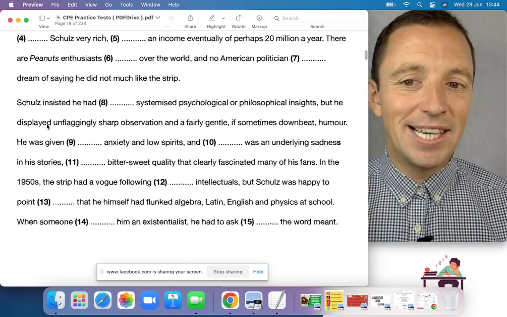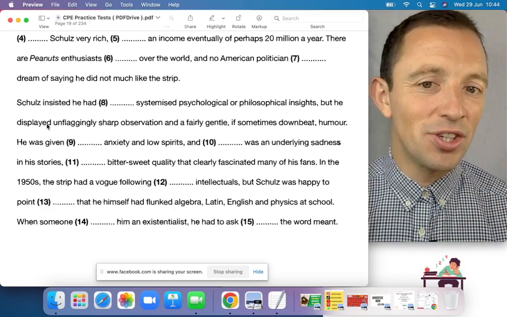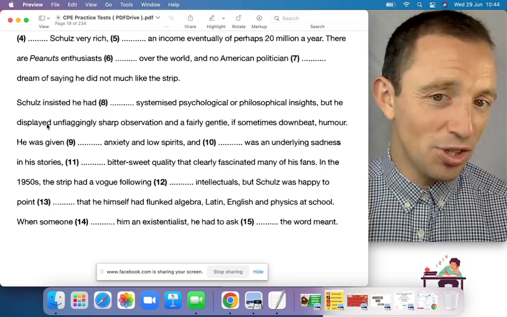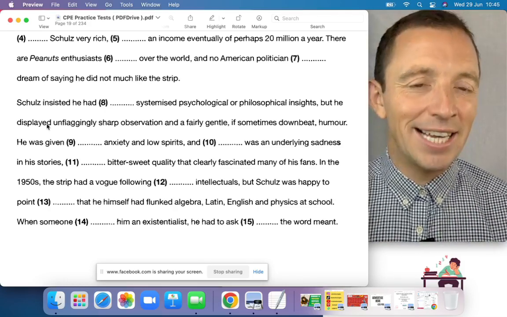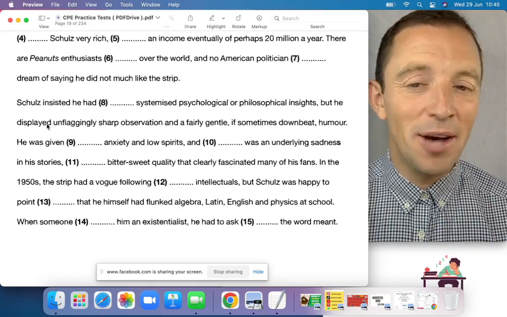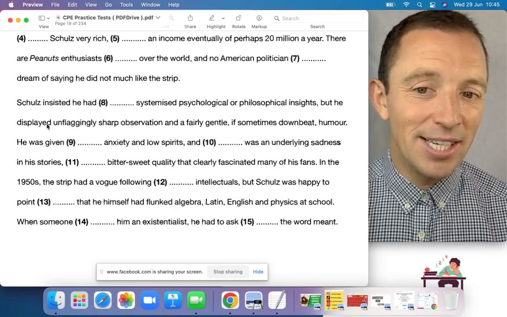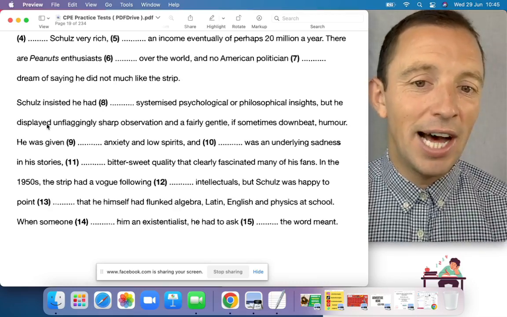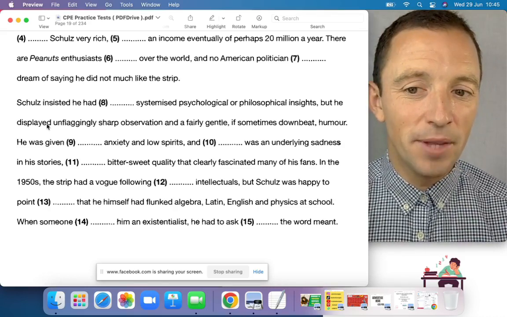Schultz insisted he had something systemized psychological or philosophical insights, but he displayed unflaggingly sharp observation and a fairly gentle, if sometimes downbeat, humour. He was given something anxiety and low spirits, and something was an underlying sadness in his stories.